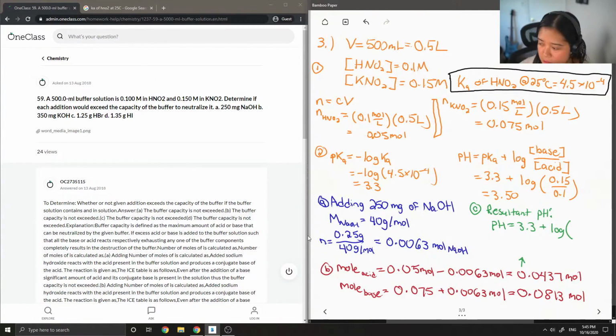For the base, it's the 0.0813 moles, and for the acid, it is now 0.0437 moles. Then we end up with a pH value of around 3.59. So it didn't change much. It went from 3.5 to 3.59.